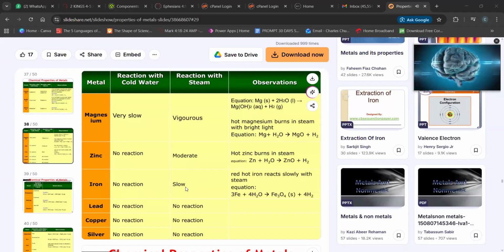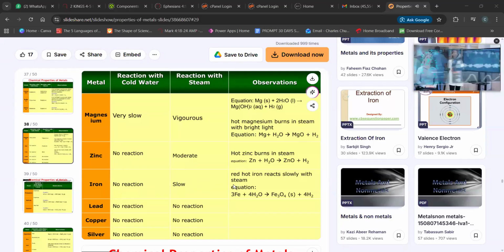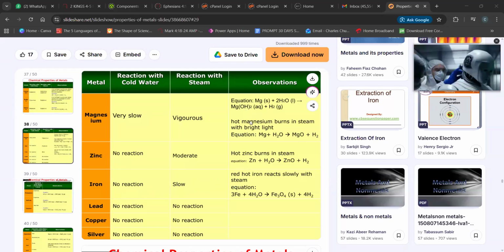It reacts with steam slowly. Now iron forms something slightly different, and I think that difference starts showing even from magnesium.